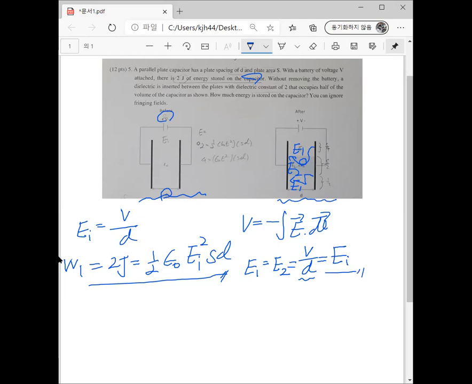So we can write down the energy stored on the final state. This is going to be the summation of this part and this part.